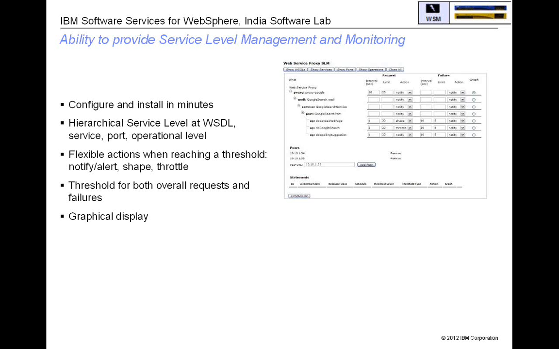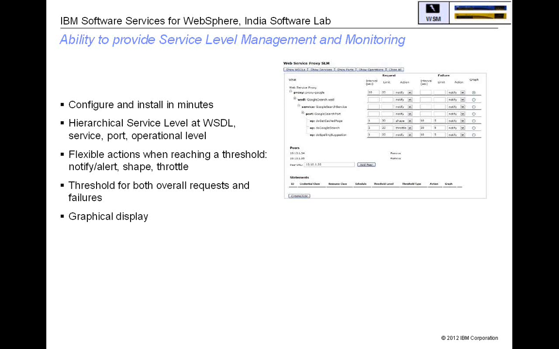DataPower does provide you with a rate limit, and if you can see on the picture on the right, and I'm really sorry it may not be very visible, what you see is a WSDL on the left-hand side of the picture, and all of the different ports on that WSDL.